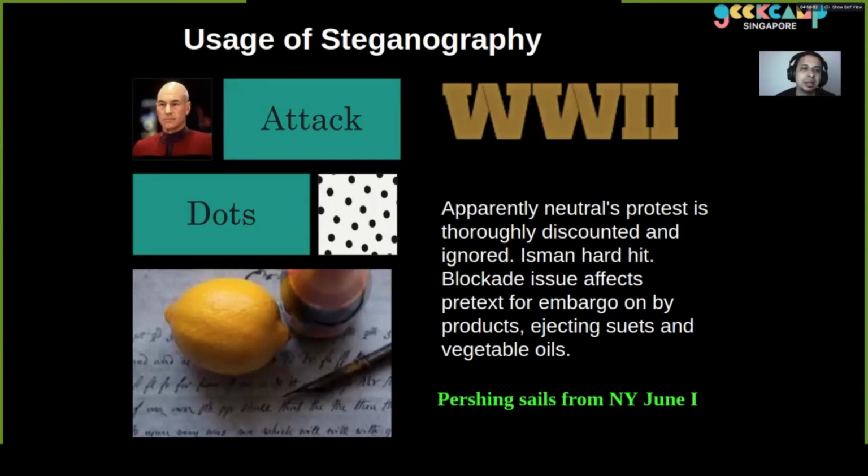For example, in the past, they used a slave. They shaved his hair and wrote a tattoo with a secret message, specifying when to attack Persia. They waited until the hair of this person grew again, and then sent this slave to the target.